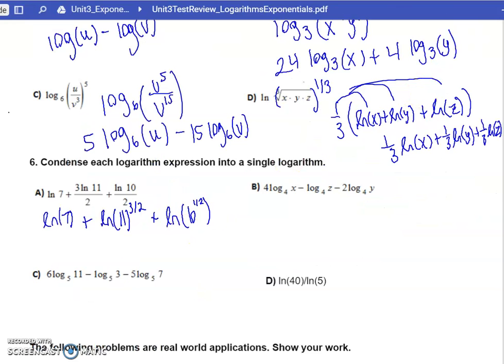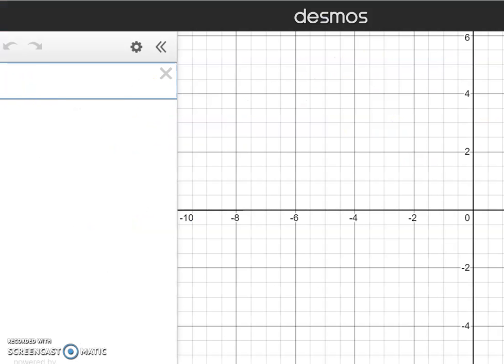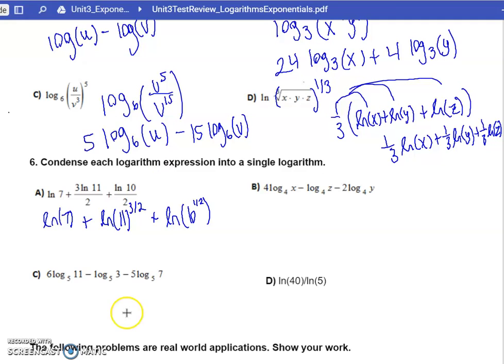So let's just see if 11 to the 3/2 power can be simplified. It cannot, but a little trick I could do is I could write that as 11 cubed to the 1/2 power.